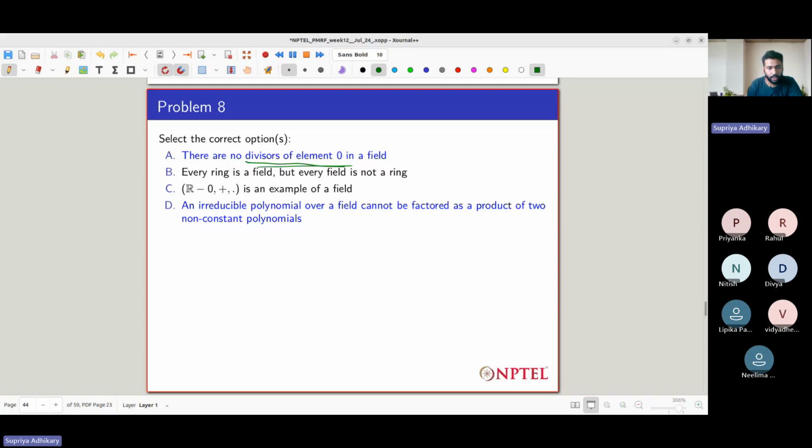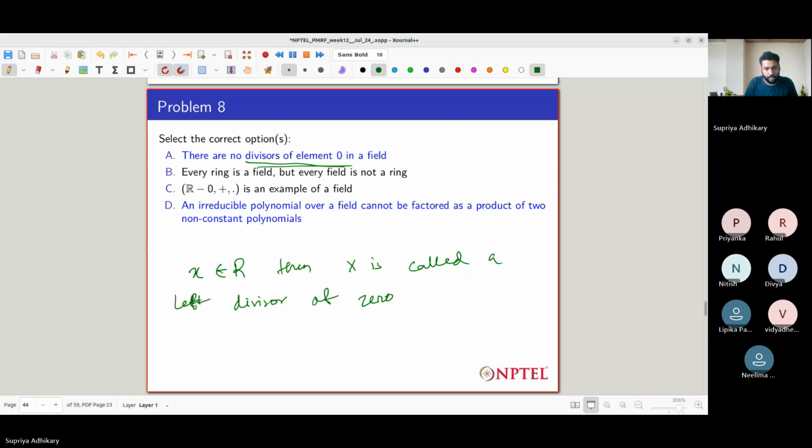So if we consider any element x in R, then x is called a left divisor of 0 if there exists some y such that xy is equal to 0.